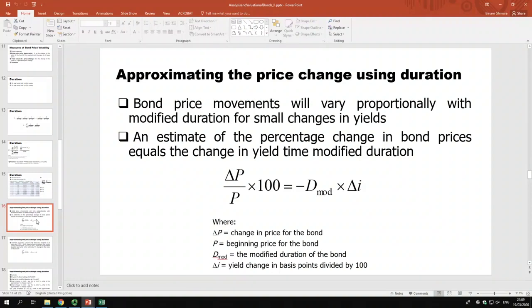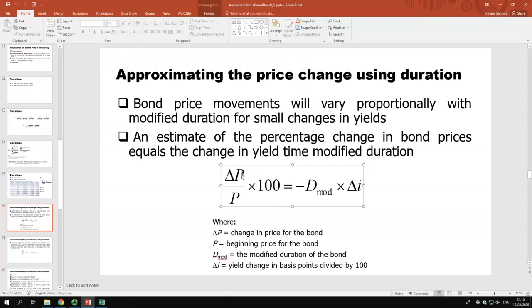Okay, so approximating the price change using duration is a more common example which is used in practice rather than just the calculation of the Macaulay duration or modified duration. So we've seen this formula. The left hand side is just telling you the percentage change in the price of the bond.